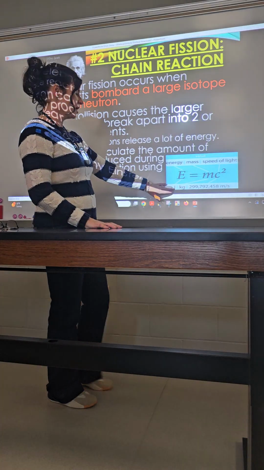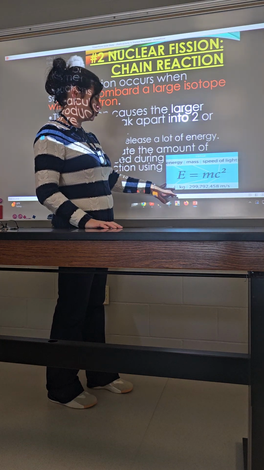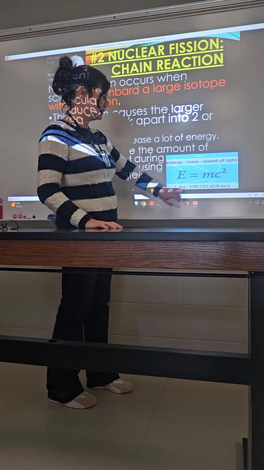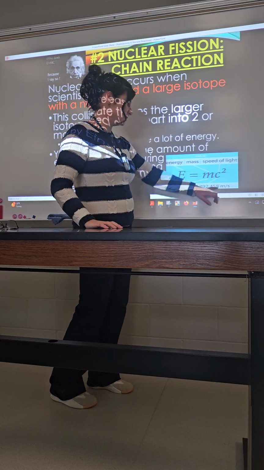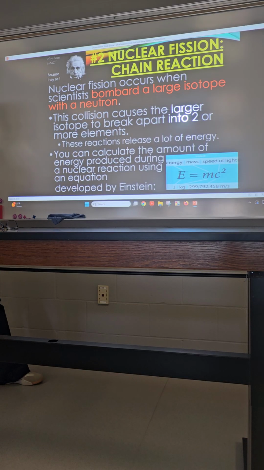We're going to look more at energy and calculate it later on this year, but it's calculated in joules. Mass is in kilograms, and the speed of light is in meters per second. This is probably what Einstein is most famous for, developing this equation to determine the amount of energy.